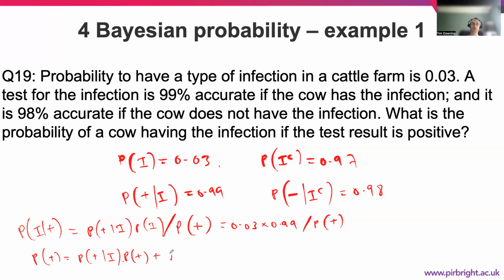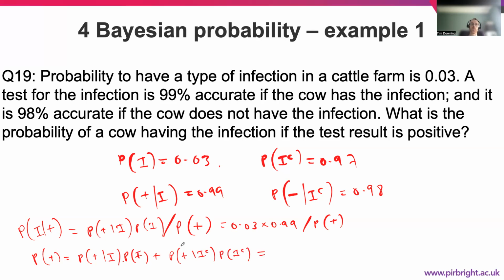And then we have the chance of being positive, given that you're not infected, multiplied by the probability of not being infected. Sorry, this should be I here.